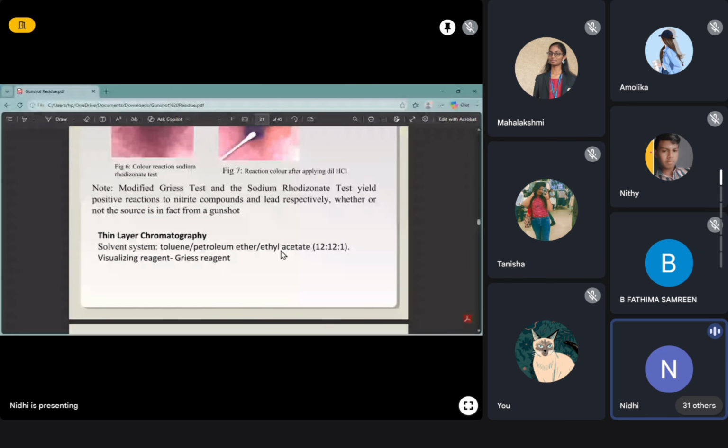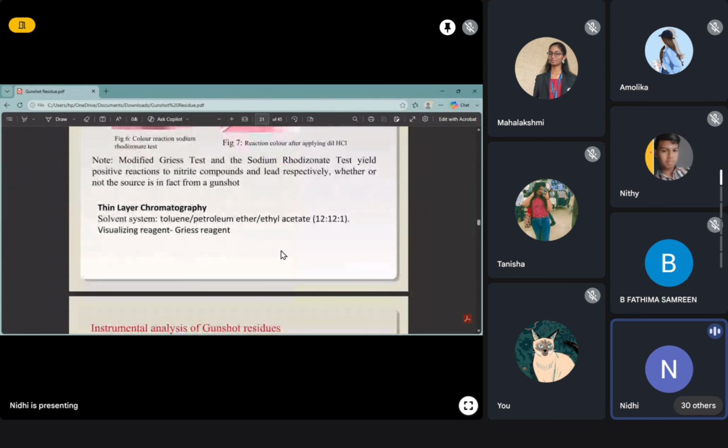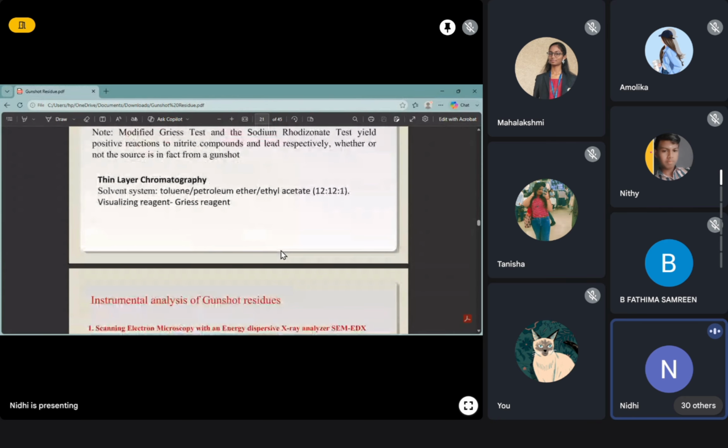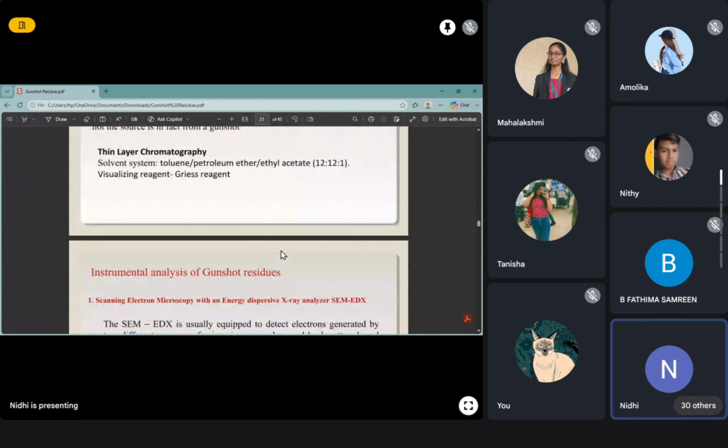That means the firearm was fired before, and then the firearm will be fired for test firing, because if you fire it for test firing before, then you will get the gunshot residue. How will you be able to determine whether the gunshot residue present in the barrel is because of your test firing or because that firearm was fired before, right? So thin layer chromatography is never performed till now.